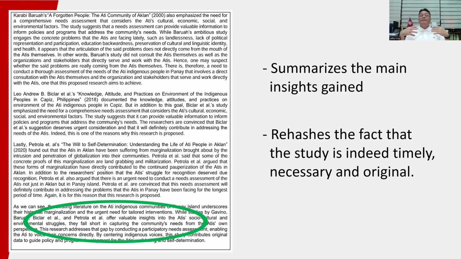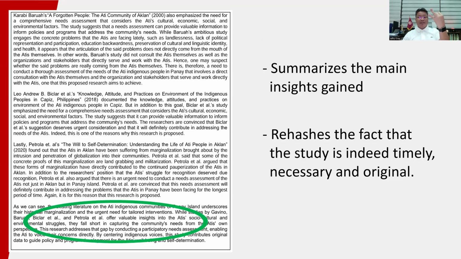So that's how we convince the funding agency that our proposed research, proposed because it was still a proposal during the time, deserves a 750,000 budget and should be funded because it is a necessary research because it addresses a serious problem that needs urgent consideration.